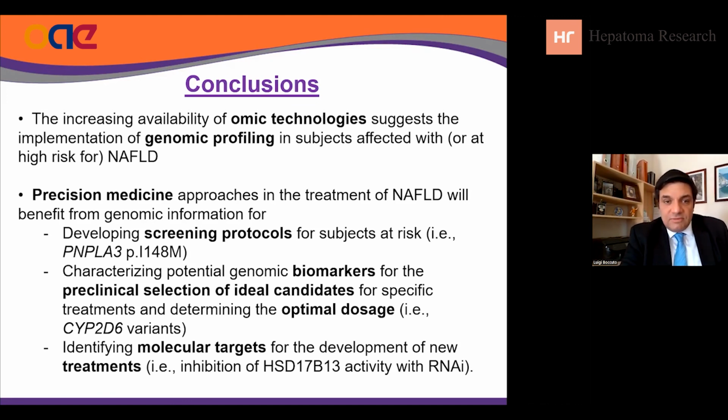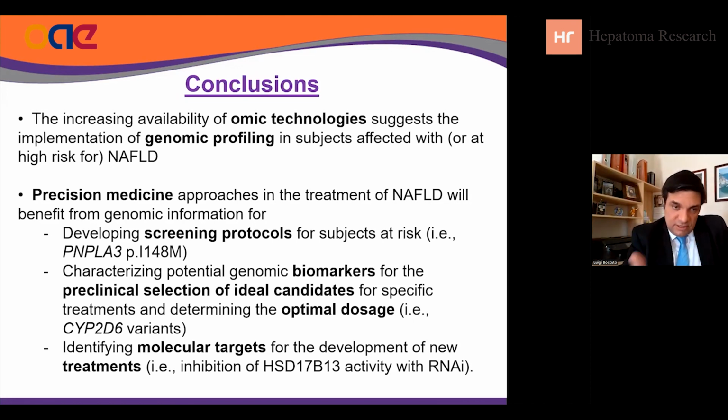And the benefit of that will be developing screening protocols for subjects at risk. For example, identifying individuals carrying the PI148M variant in PNPLA3, characterizing the potential biomarkers for the preclinical selection of ideal candidates for specific treatments, and even determining the optimal dosage of these treatments.